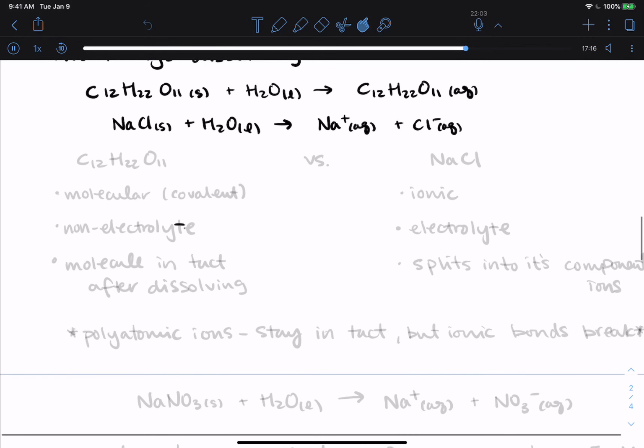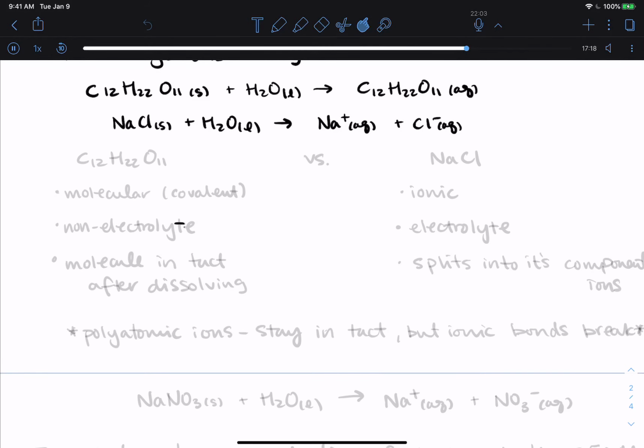So let's do a side-by-side comparison. The C12H22O11 versus NaCl. So the sugar, this is a molecular compound. It has covalent bonds.